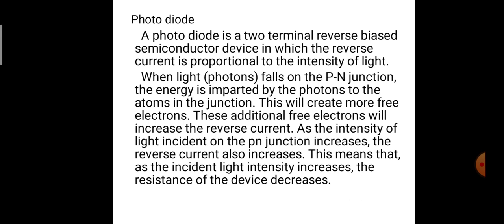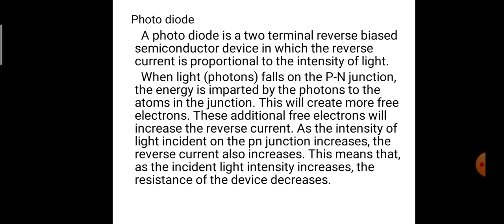A photodiode is a two-terminal reverse biased semiconductor device in which the reverse current is proportional to the intensity of light. When light or photons fall on the p-n junction, the energy is imparted by the photons to the atoms in the junction.